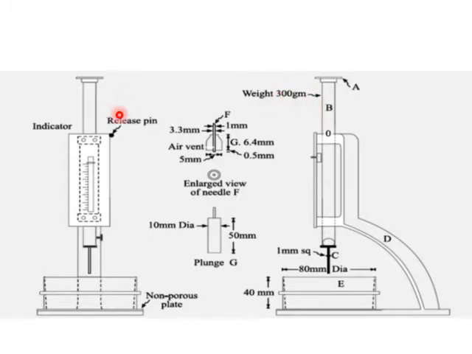Once the needle is fitted here and you release this pin, this entire 300 grams weight will fall on the cement paste. Automatically the needle will penetrate inside the cement paste. Correct?